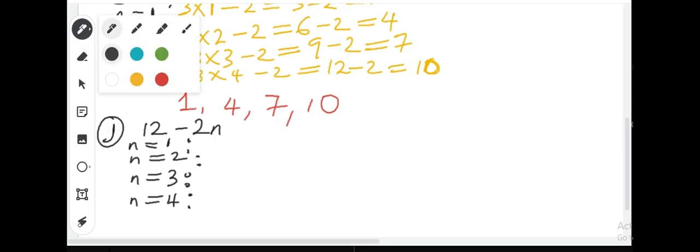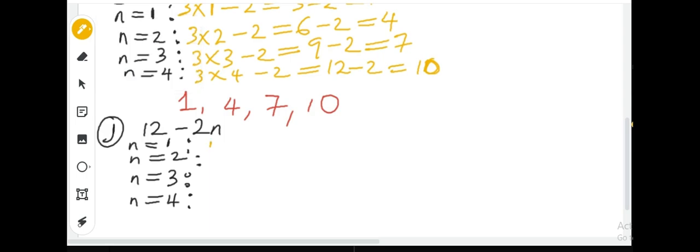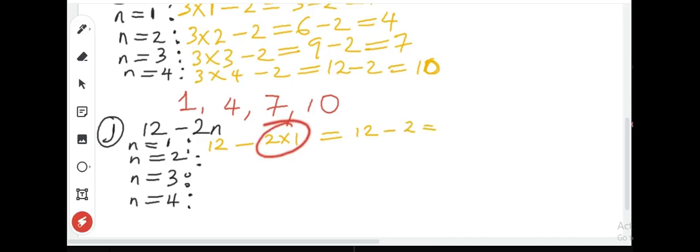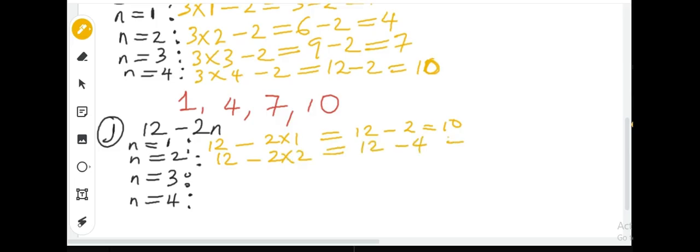The first one will be 12 minus 2 times 1, which is 12 minus 2, because 2 times 1 is 2, and that gives 10. The second one is 12 minus 2 times 2, which gives 12 minus 4, and that's 8.